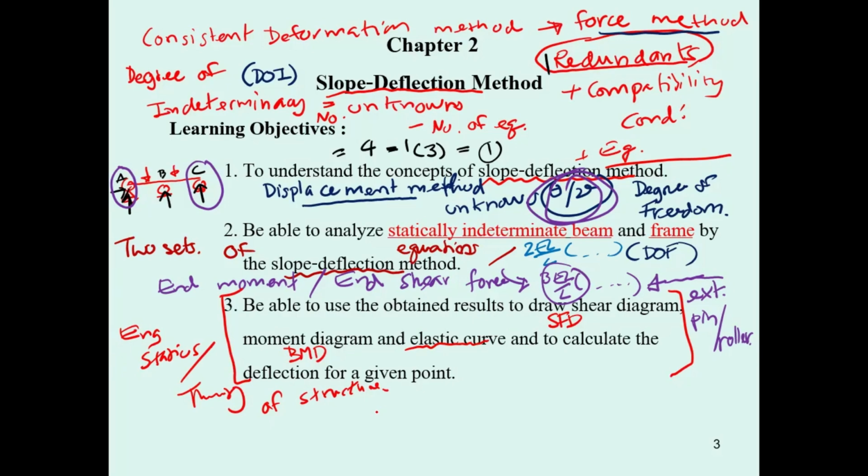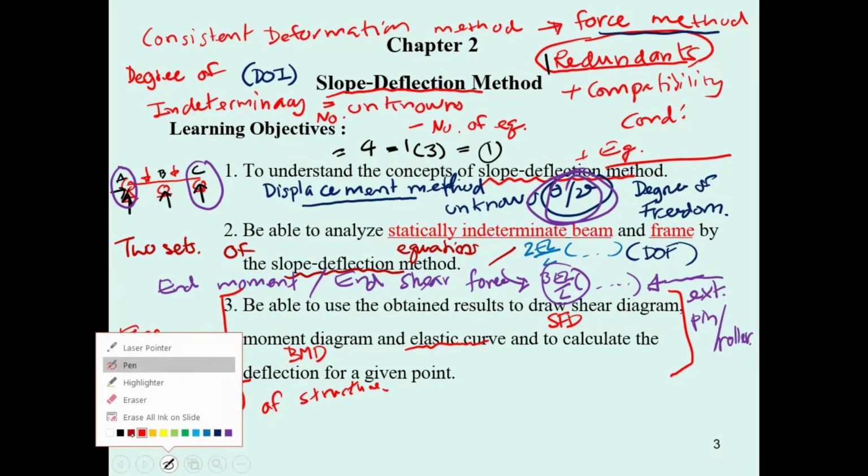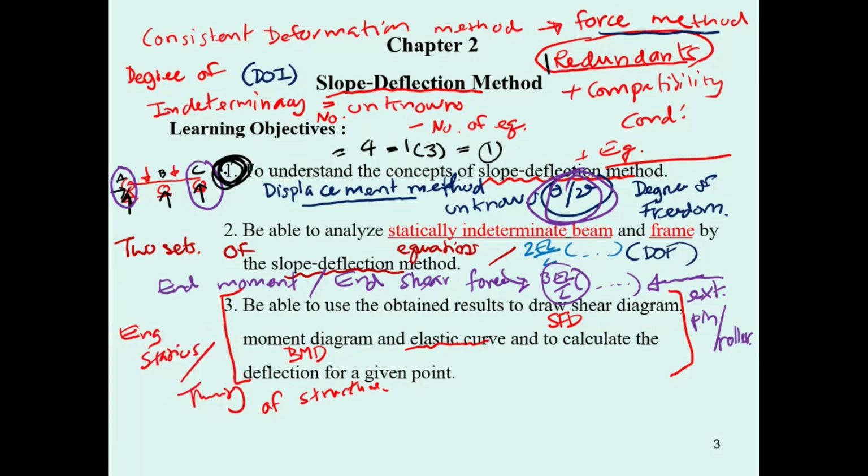But if you are not good at it, this is the time you are going to correct everything, correct your mistakes. So the main thing, we are going to start with the concept, and then Ajahn will derive the slope deflection equation, and then Ajahn will point out how to apply them to solve problems.